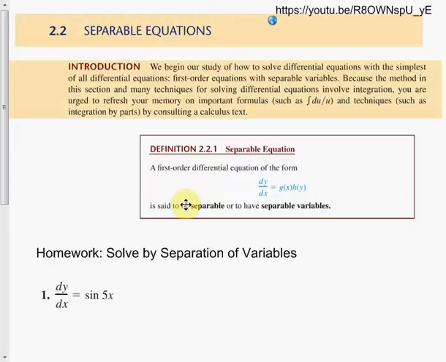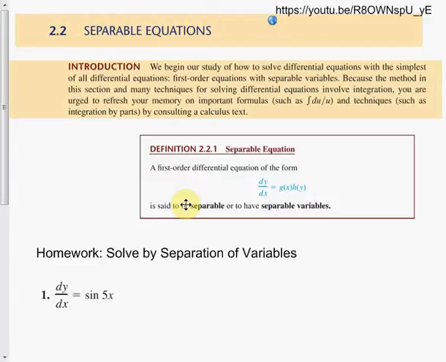To separate the variables, the idea simply is to collect like terms: get the x's and dx's together, get the y's and dy's together. First order simply means that it's an equation with a derivative to the first power. So dy over dx is just y prime. Say dy over dx is equal to g of x times h of y.